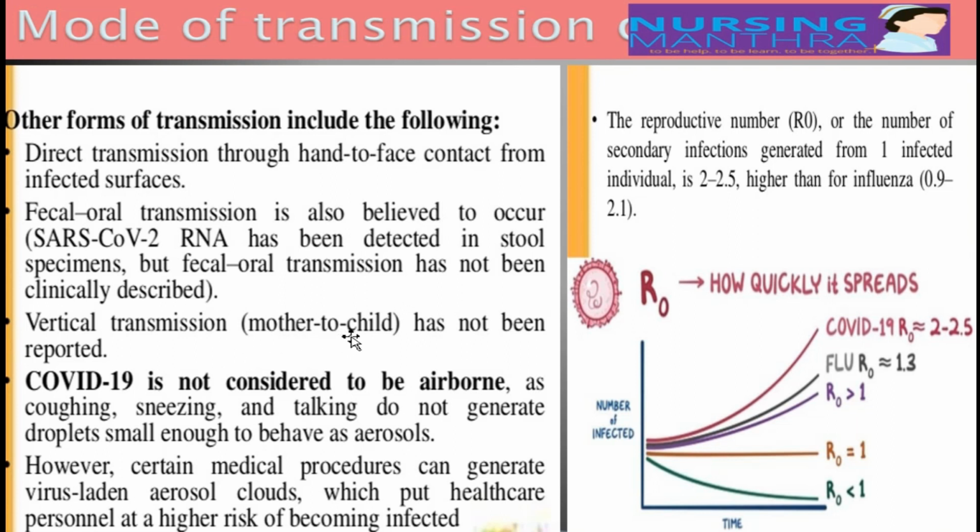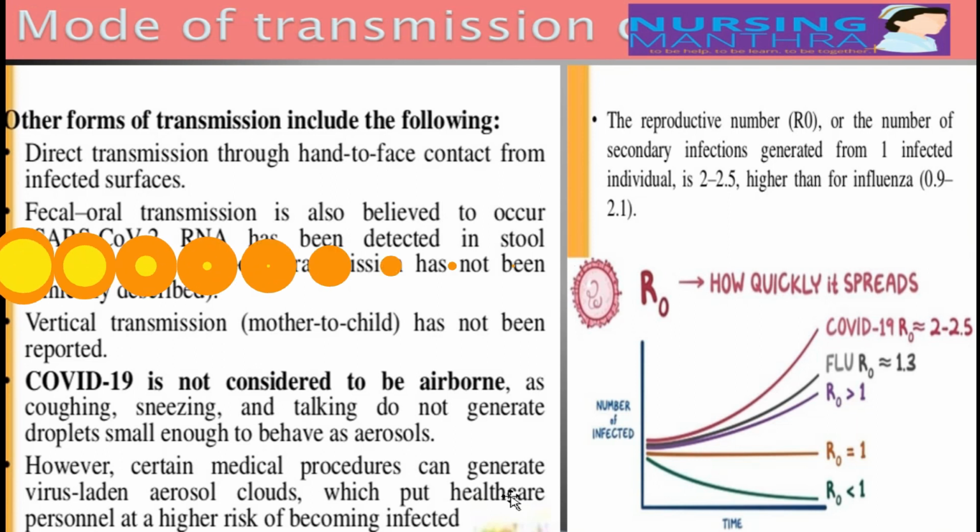Vertical transmission, mother to child, has not been reported. COVID-19 is not considered to be airborne, as coughing, sneezing, and talking do not generate droplets small enough to behave as aerosols. However, certain medical procedures can generate virus-laden aerosol clouds, which put healthcare personnel at a higher risk of becoming infected.